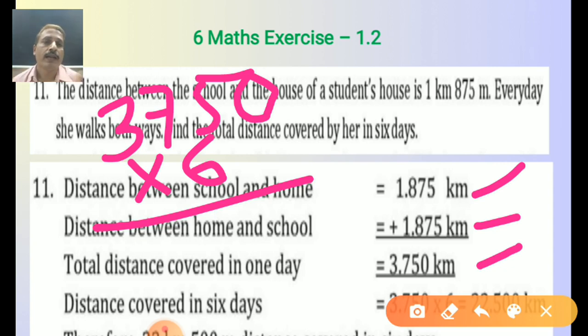Yes. Now 6 into 0, 0. Whenever you multiply any number with 0, it becomes 0. Now 6 into 5, 6 5s are 30. So 30 means 0 here and 3 is the carryover.